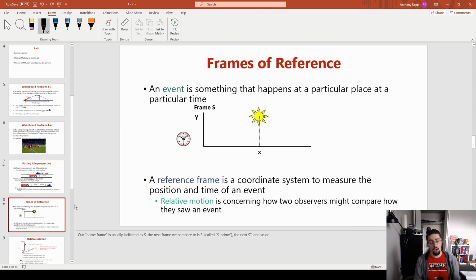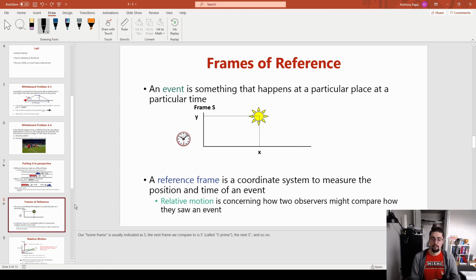So, talking about all these things, oftentimes when we're discussing these, we talk about events. Events are things that happen at a place and a time. You probably already knew that, but that's our definition that we're going to be using here. A reference frame is an observer, or how we measure that position and time.